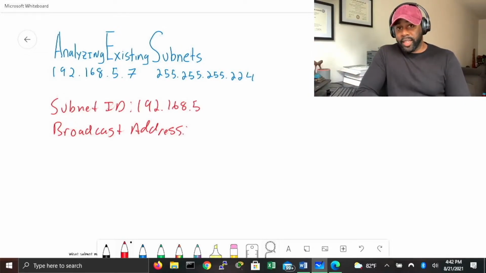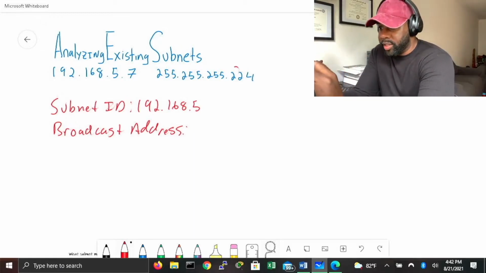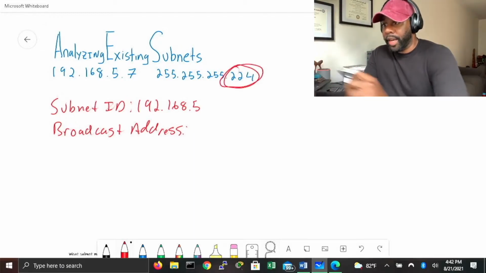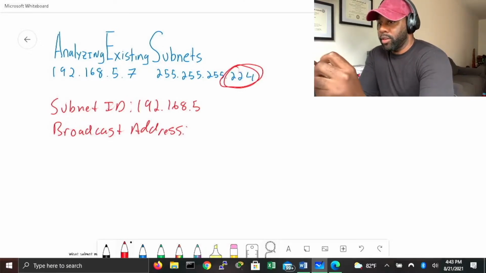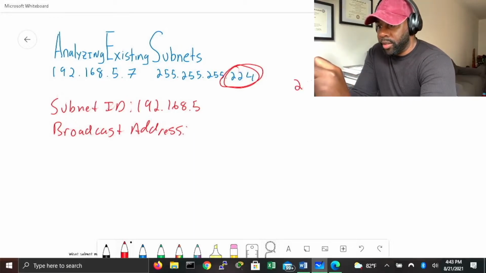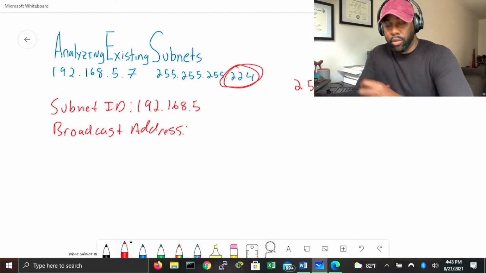Now we see that we have an interesting octet right here, so now we have to calculate the magic number. The magic number is simply 256 minus 224, which is going to be 32.